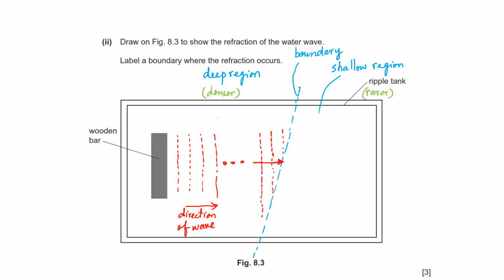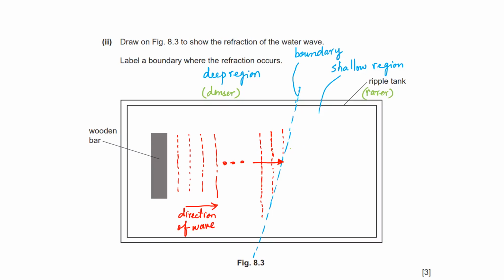So your waves are going from a deep region to a shallow region, denser to rarer. What will happen to the speed? The speed will decrease. Deep to shallow, the speed will decrease, the wavelength will decrease, and the waves will bend towards the normal.